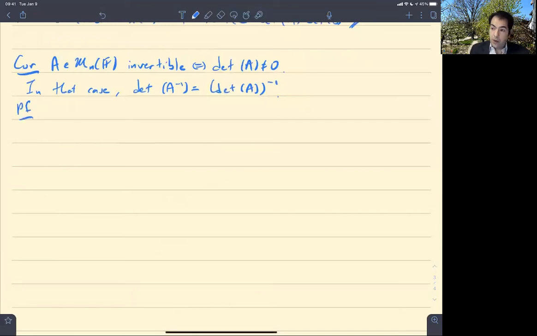Okay, well, we already know that if A is singular, then the determinant of A is equal to zero. So we just need to show that if A is invertible, then the determinant of A is not equal to 0.